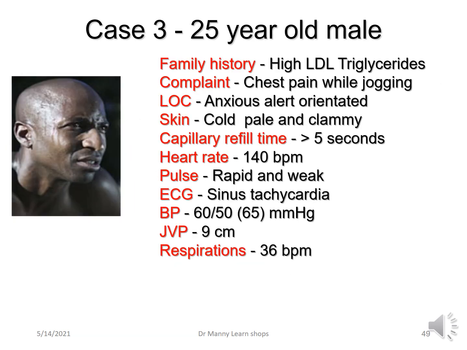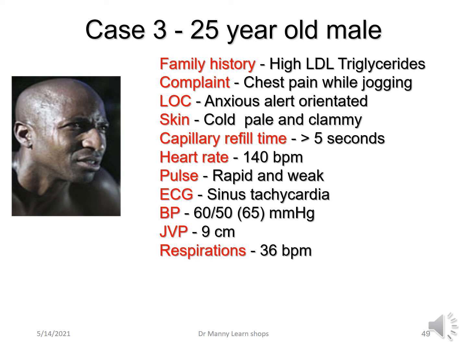What about case 3? This is a 25-year-old male. However, he's got a family history of high low-density lipoproteins and triglycerides, he's hypercholesterolemic. Suddenly he complained of central chest pain while jogging. He's really anxious, pale, sweaty, clammy.